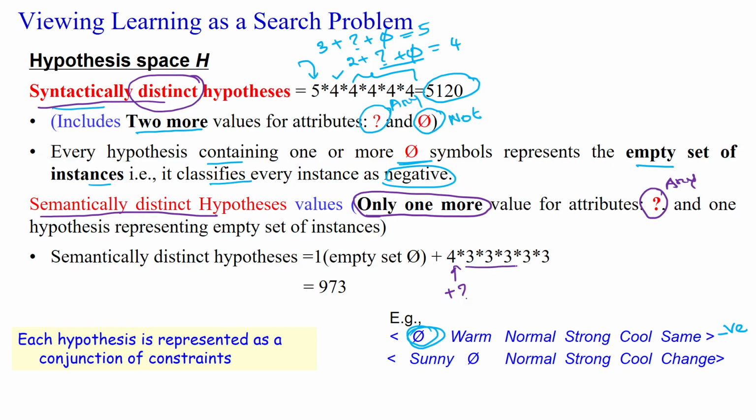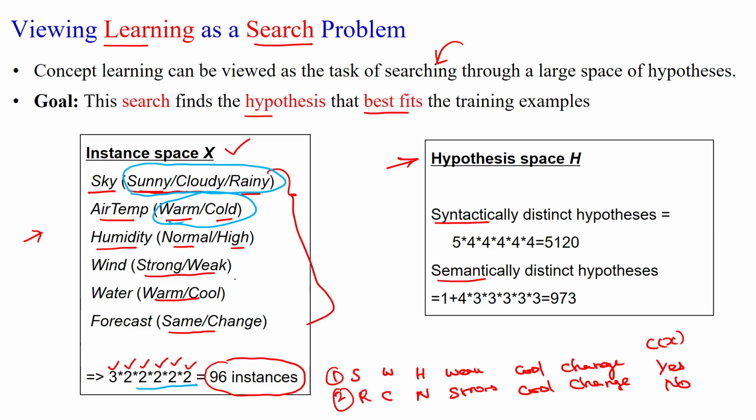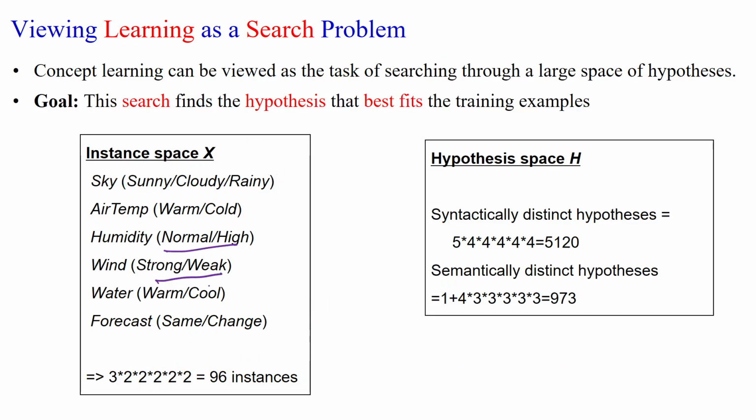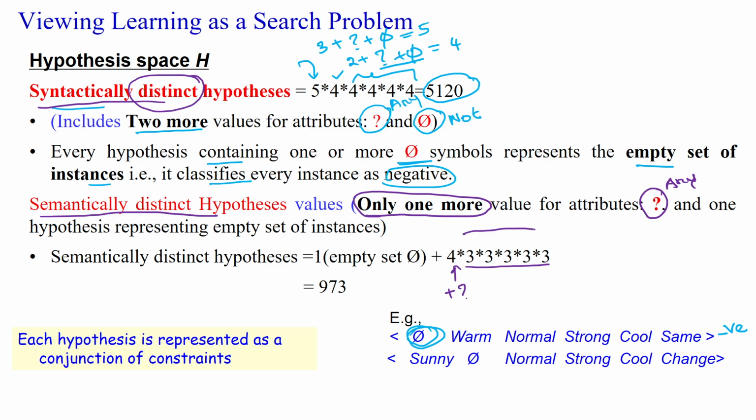Like that, all the remaining attributes have two values, and with this we will add one more value, the question symbol, so three. Then we will add only one null value with all these different combinations.